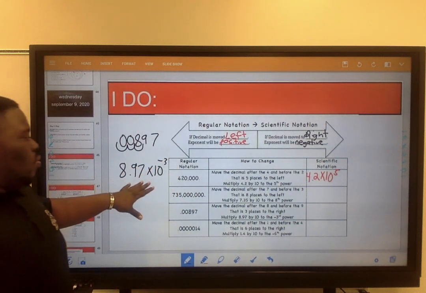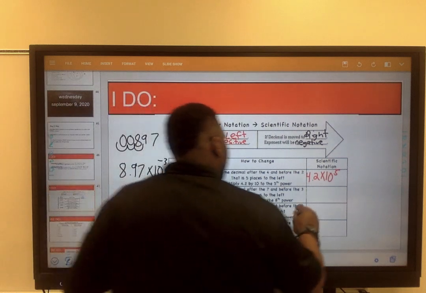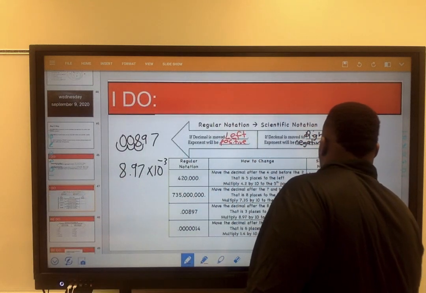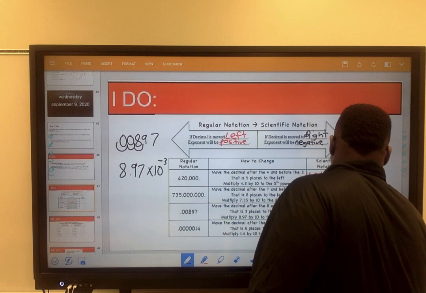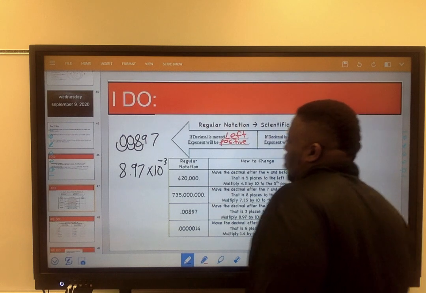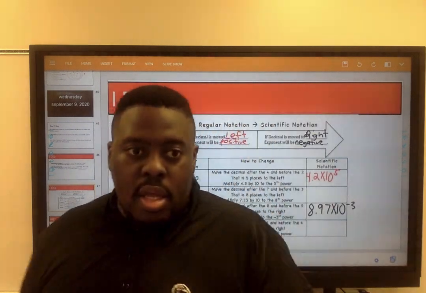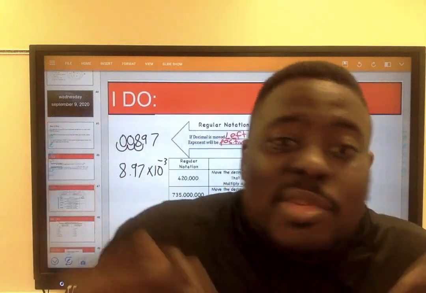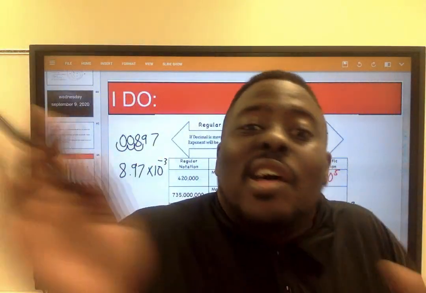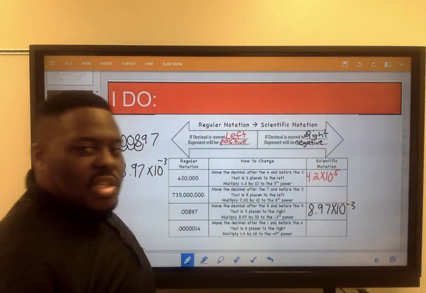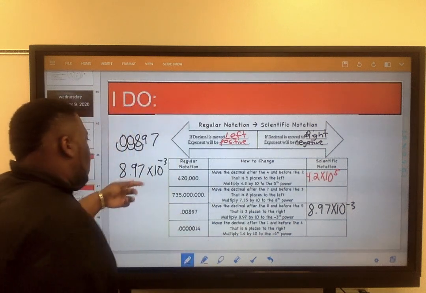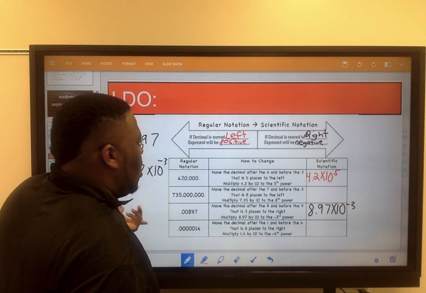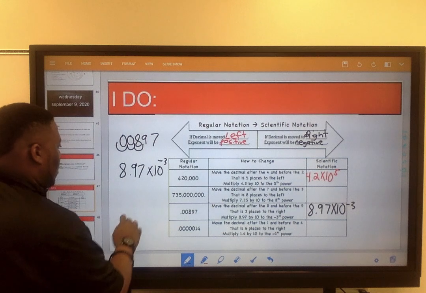Now we can actually work backwards. If you think Coach Willis is lying, let's work it out and check. Let's start from here.